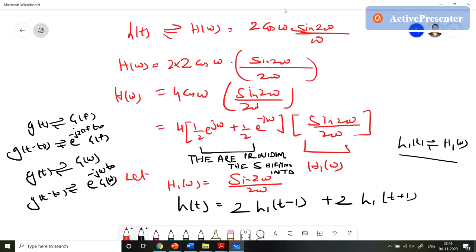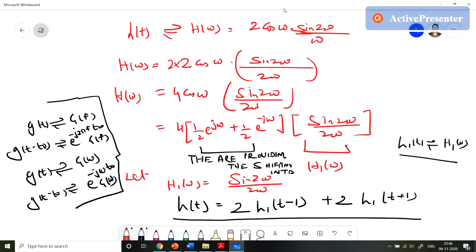This is simply the expression we have written. Here t naught is basically 1, so we can write h(t) as 2 times h1(t minus 1) plus 2 times h1(t plus 1).